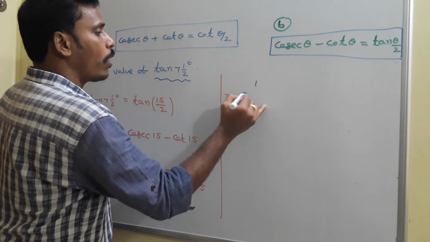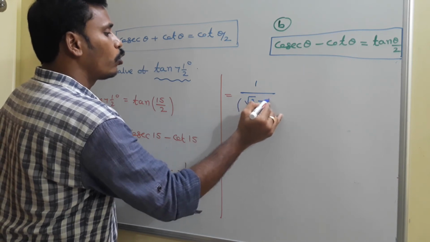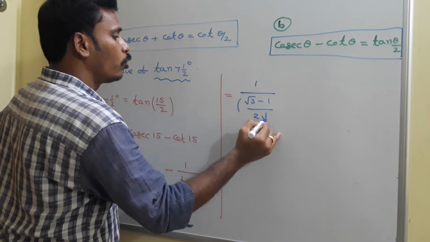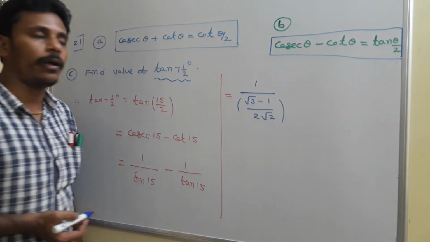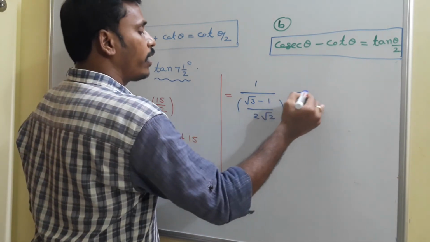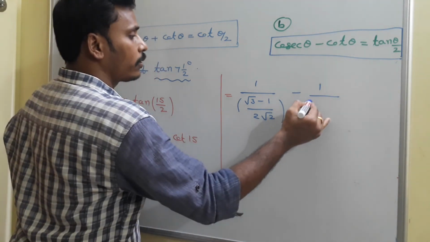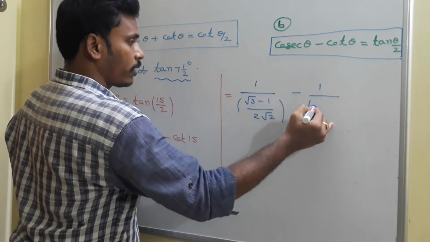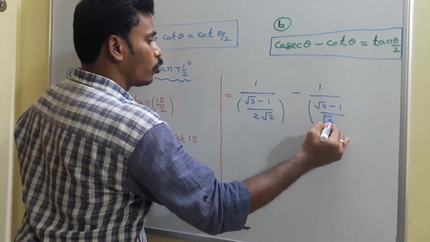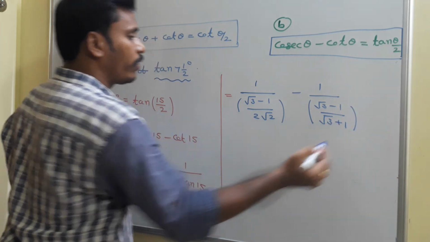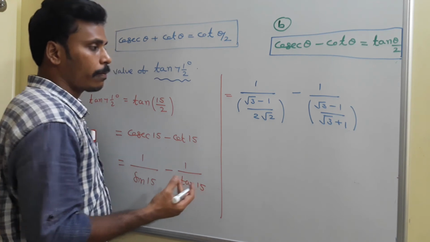So this is equal to 1 by sin 15 degrees, whose value is root 3 minus 1 by 2 root 2. This is the sin 15 degrees value. Whereas tan 15 degrees value is root 3 minus 1 by root 3 plus 1. So you need to simplify it further.